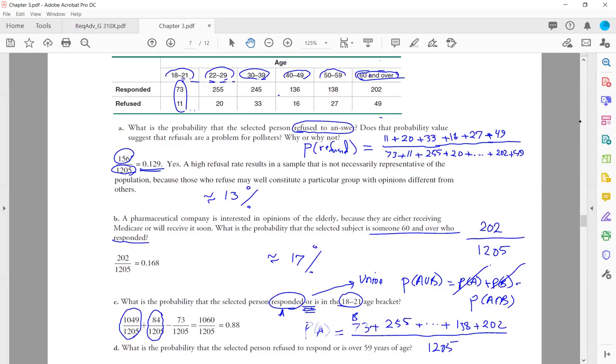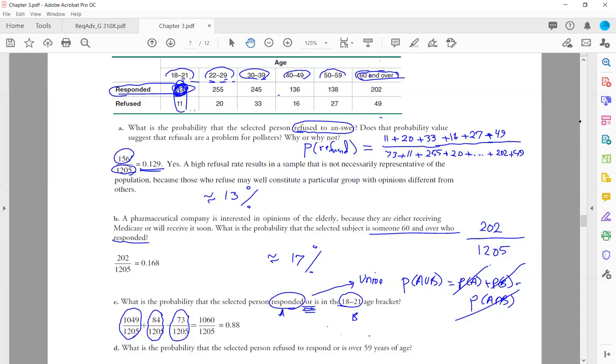Lastly, the intersection. Now, what is the probability of a person who responded and also is in age bracket 18 to 21? P of A intersection B. In age bracket 18 to 21 and responded. The intersection is 73. 73 out of total, which is 1205.